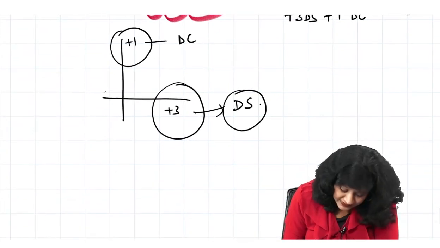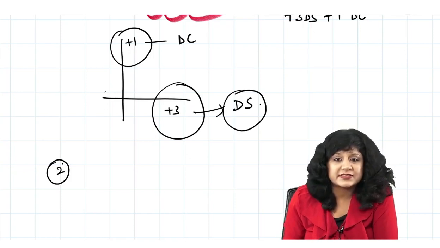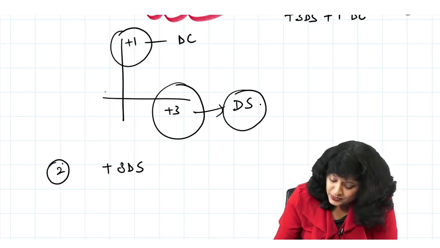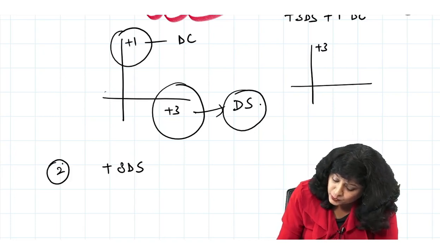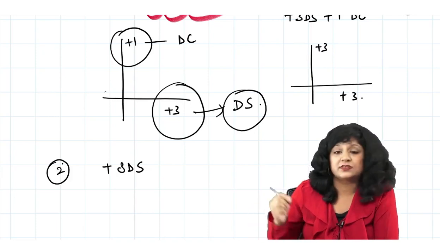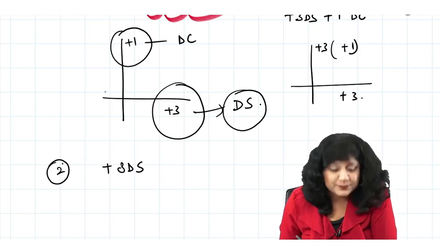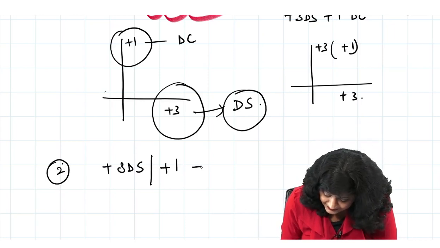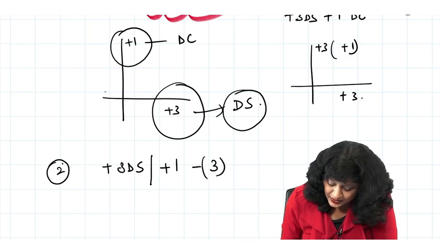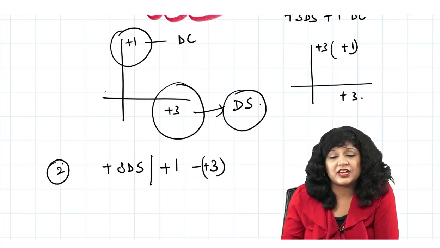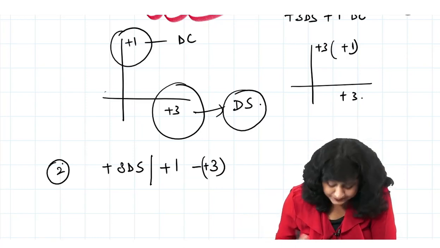Now what should be my step number 2? Step number 2 says that if I have chosen plus 3 diopter spherical, so this is already acting at both the planes, while here I require just plus 1, so I will have to subtract it. Plus 1 minus 3, I will have to subtract this minus 3 because I have already given plus 3 and I require only plus 1 here.